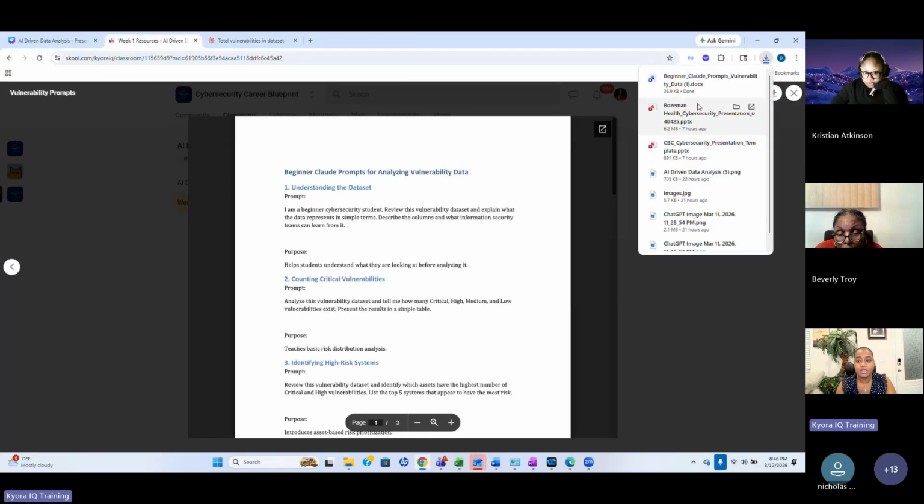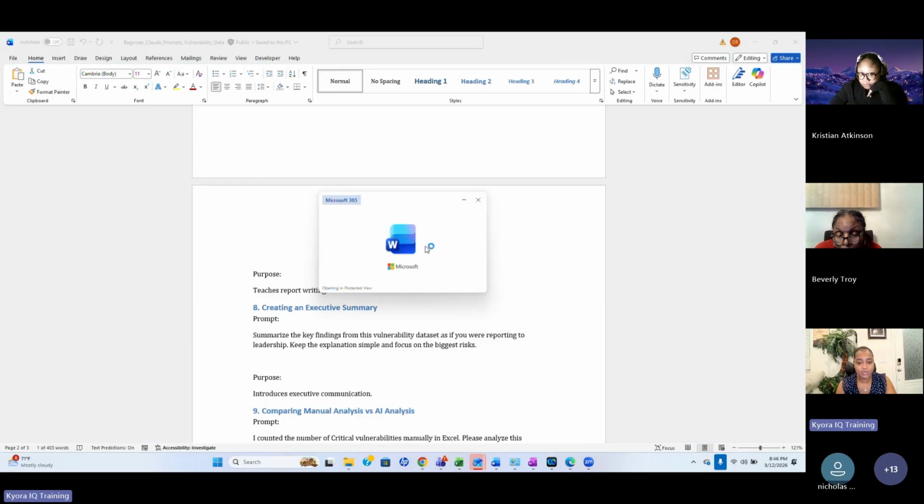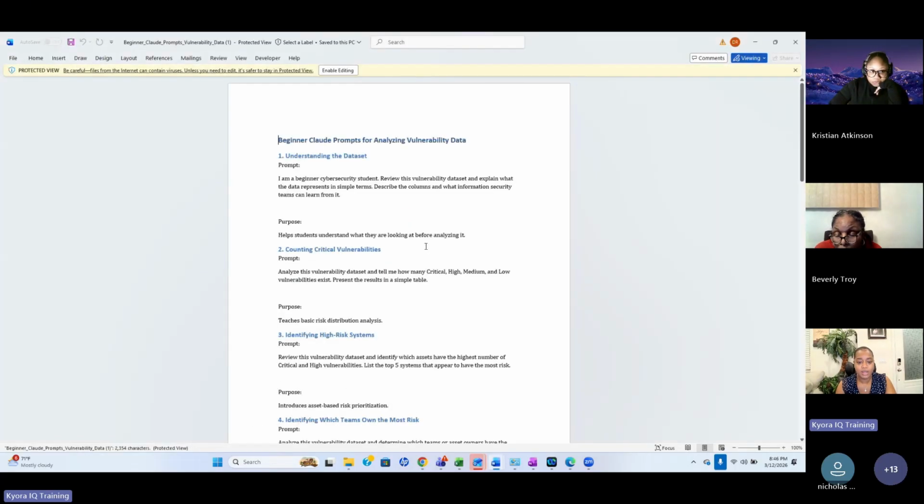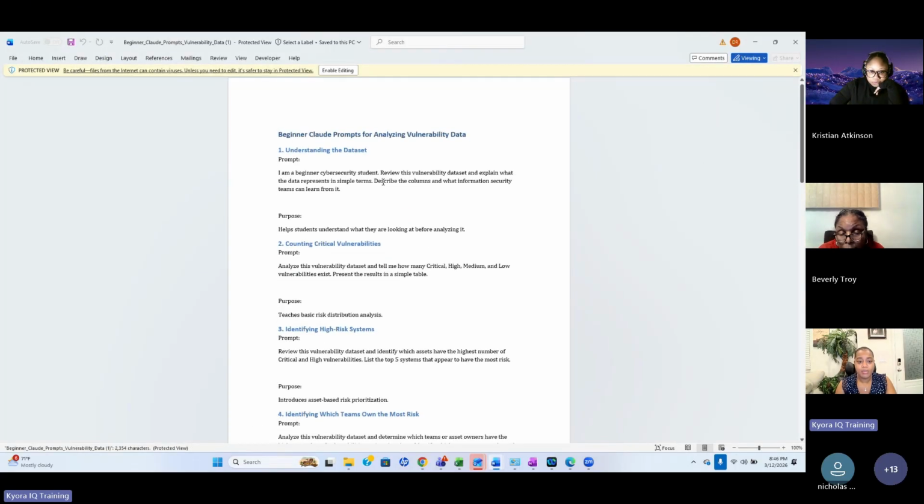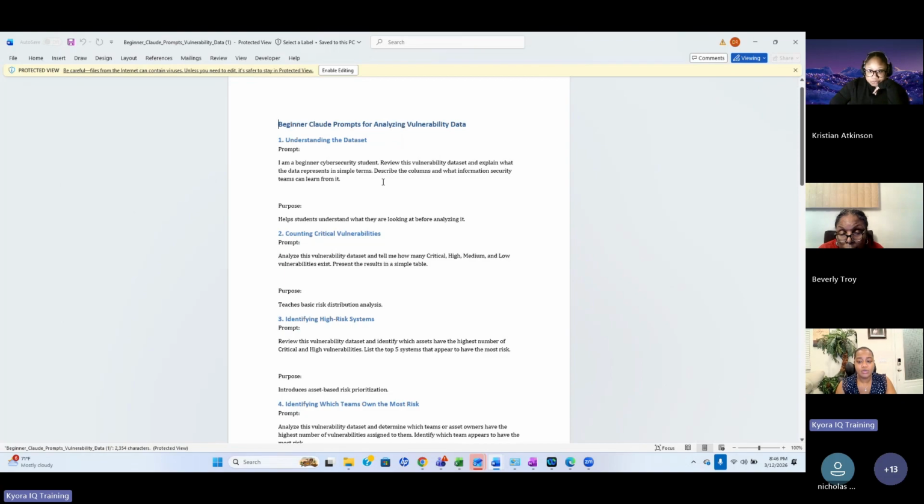Again, this was just a foundational level class to get you guys working with Claude, but the prompts continue to analyze the data sets. The first prompt here would be: I am a beginner cybersecurity student. Review this vulnerability data set and explain what the data represents in simple terms.